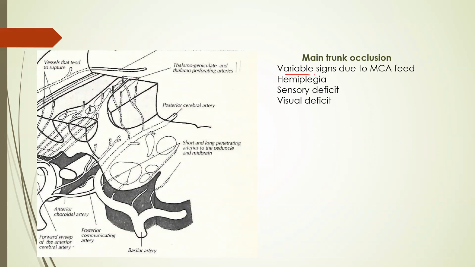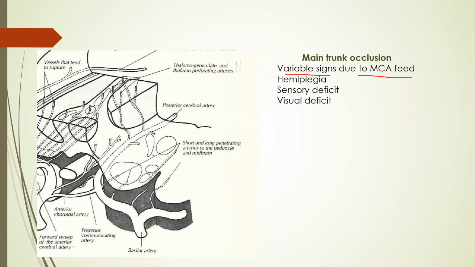It has variable signs, mainly due to the middle cerebral artery territory filling, nicely given in Pattern Neurological Differential Diagnosis. Sometimes it may cause hemiplegia, sometimes hemiparesis, transient hemiparesis, mild or patchy sensory deficit, or transient visual deficit.